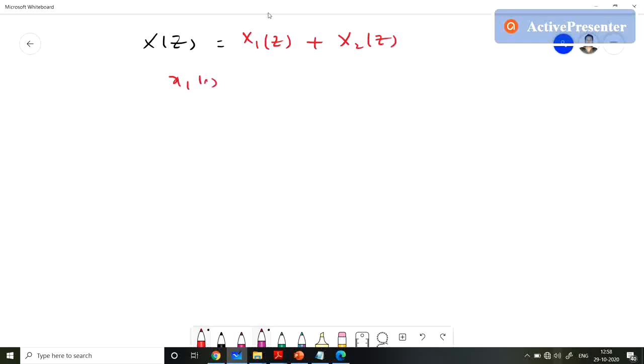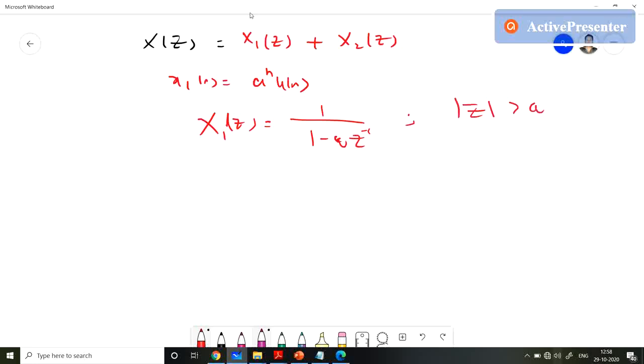Now x1(n) is equal to a raised to the power n u(n), so X1(z) is equal to 1 divided by 1 minus a z inverse, and the ROC is modulus of z greater than modulus of a. Another case is the other signal x2(n), which is a raised to the power minus n, u(-n-1).